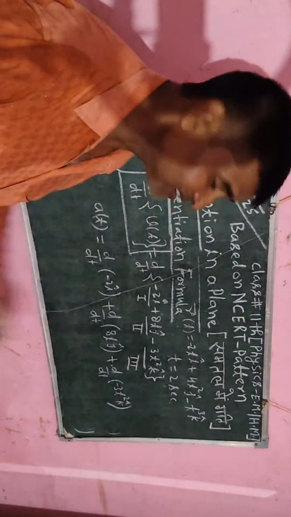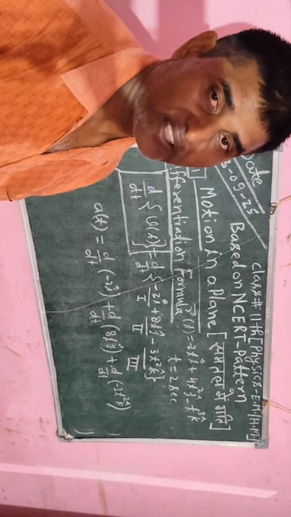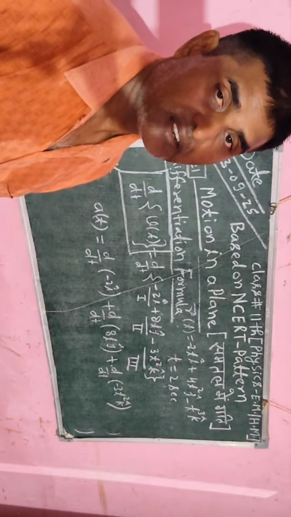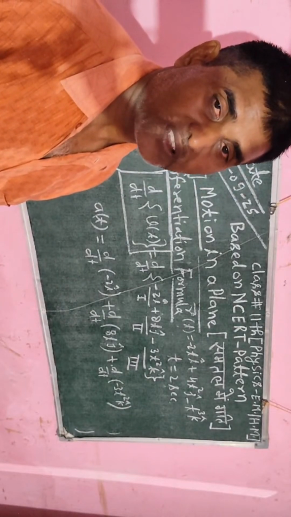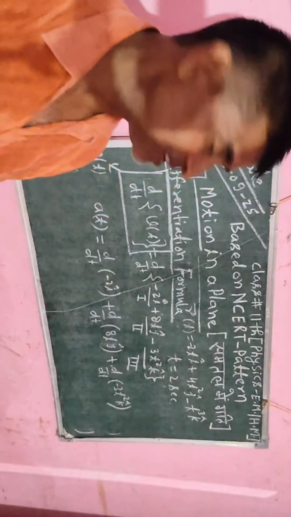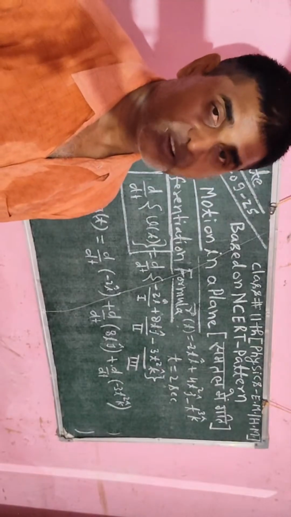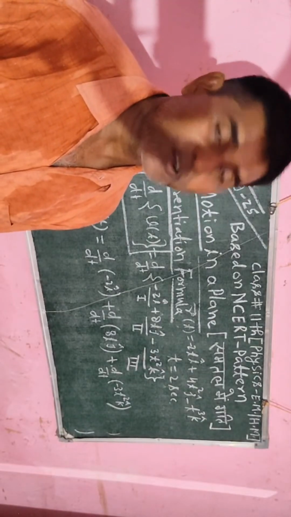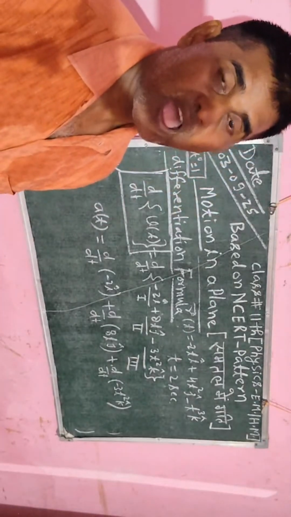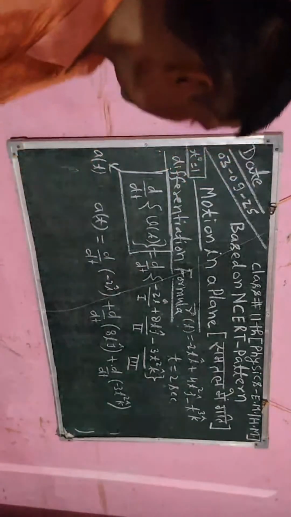But if I take the differentiation of a constant multiplied by a variable to the power n, the constant stays outside, and I write d/dt of x to the power n, which is n into x to the power n minus 1. That is the differentiation of the required function. I have already written that formula, and you have to follow the same formula and apply it here.